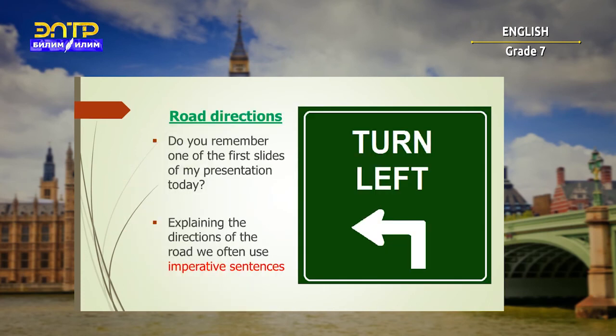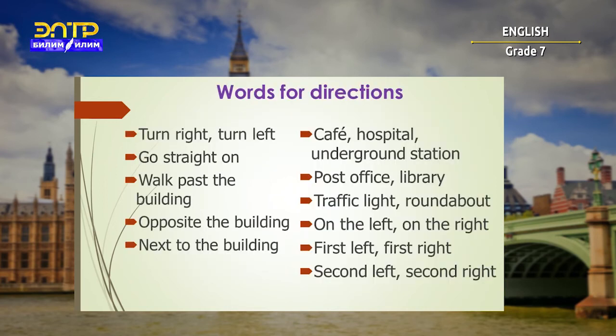You remember at the beginning of the lesson I've shown you a sign, turn left. Do you remember one of the first slides of my presentation today? When we explain directions of the road, we often use imperative sentences. We use following words for directions.